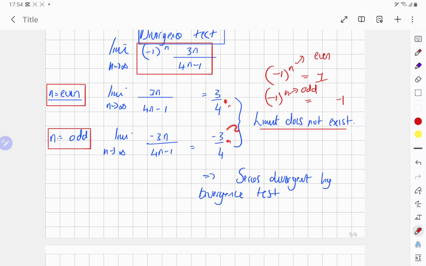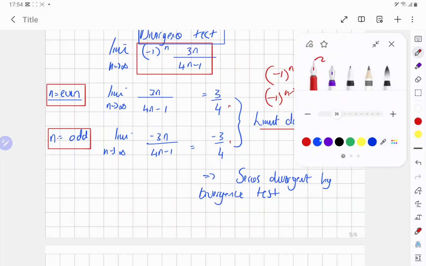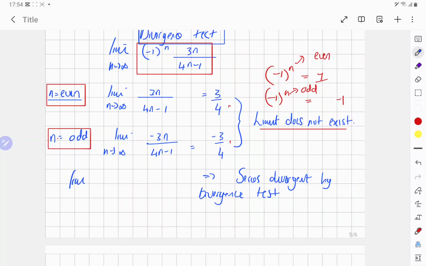Since the limits are not the same, the limit does not exist. That you can also remember from first year. If we do a limit and we get, say, L, and sometimes negative L, the limit's not the same, so it does not exist.